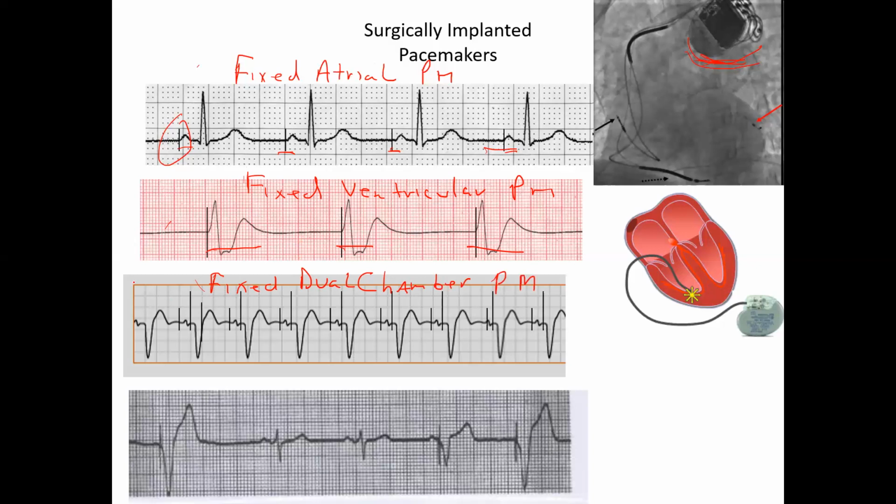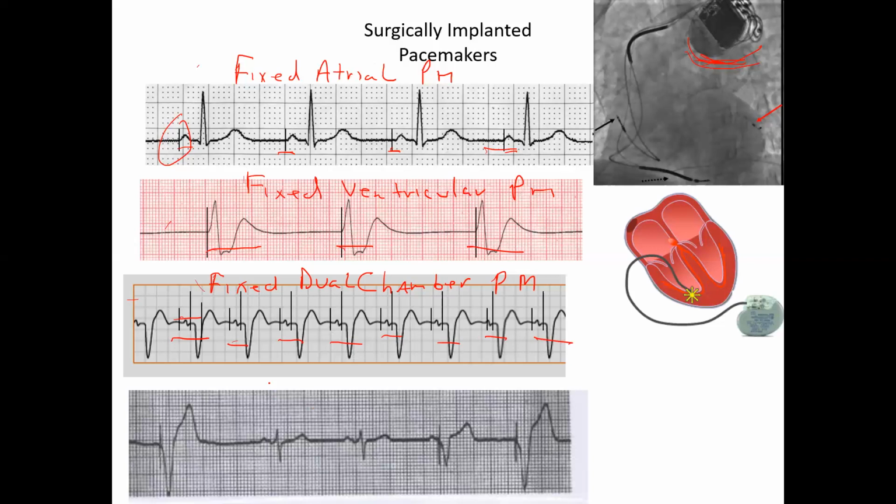So now you see every time there's two spikes, one in front of the P and one in front of the QRS complex, no matter what the QRS complex looks like. This is good practice for you to see that these are QRS complexes and P waves. So this is a fixed dual chamber.